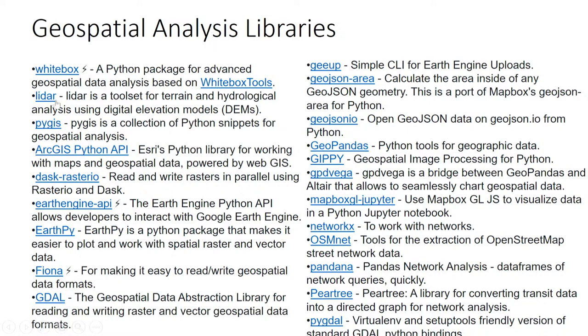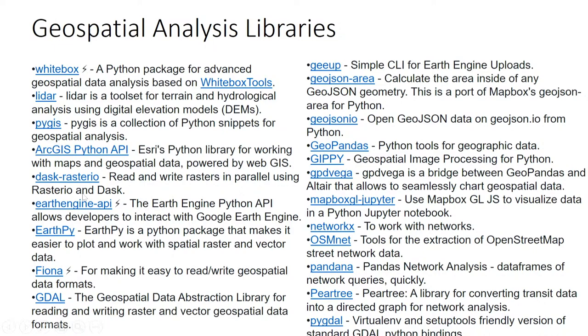If you are interested in LiDAR data processing, a LiDAR Python library is available. For geospatial analysis, PyGIS, or if you are using ArcGIS, which is proprietary software, ArcGIS also has APIs for Python. Then Rasterio is also quite popular for vector as well as raster data processing.